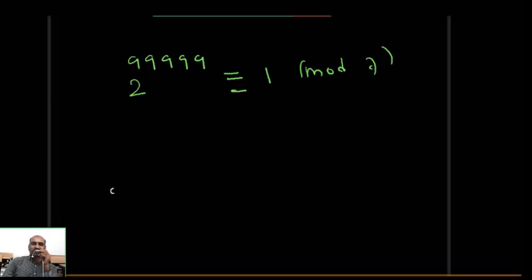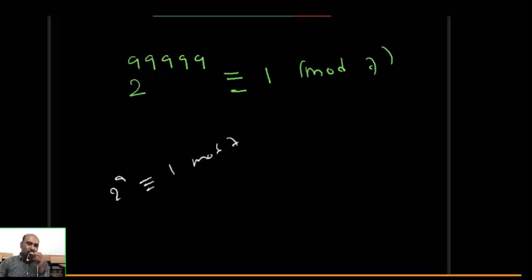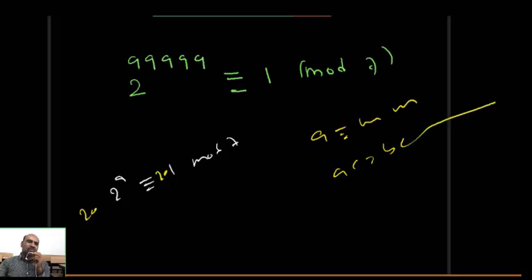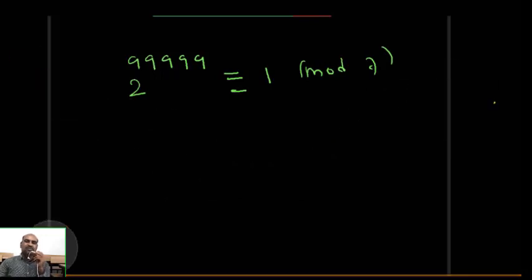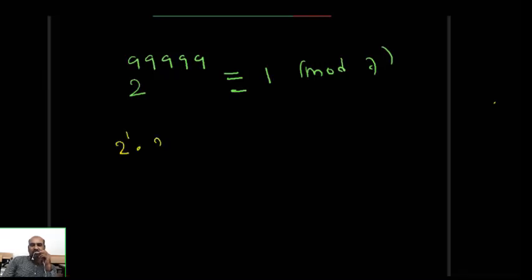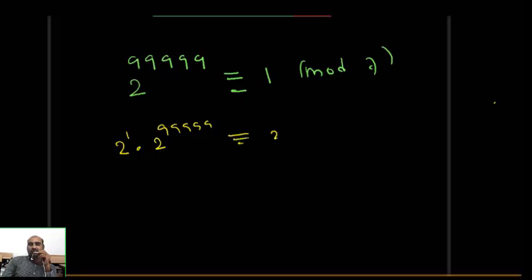Which means you want 1 more 2. 2 power 9 is there, and I want 2 power 10. 2 power 9 is congruent to 1 modulo 7. What should you do? Just multiply by 2 here, because we have the property: if A is congruent to B modulo M, then AC is congruent to BC modulo M. That's why 2 power 1 into 2 power 1 2 3 4 5 is congruent to 2 power 1 into 1 modulo 7.